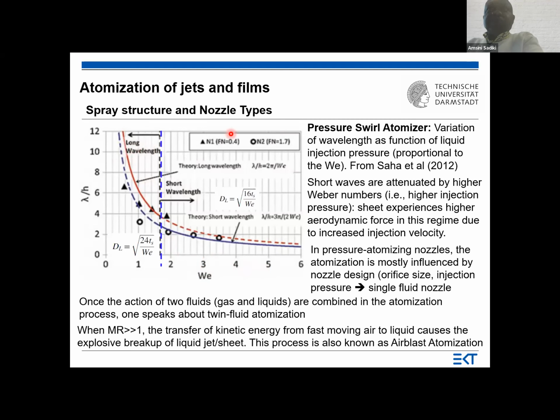We see this here for two different experiments: the first with mass flow rate 0.5 and here 1.7. So we obtain almost the same behavior. The value of the ligament diameter is given here by this expression, and in this region by another expression, but if the momentum flux ratio is very high.